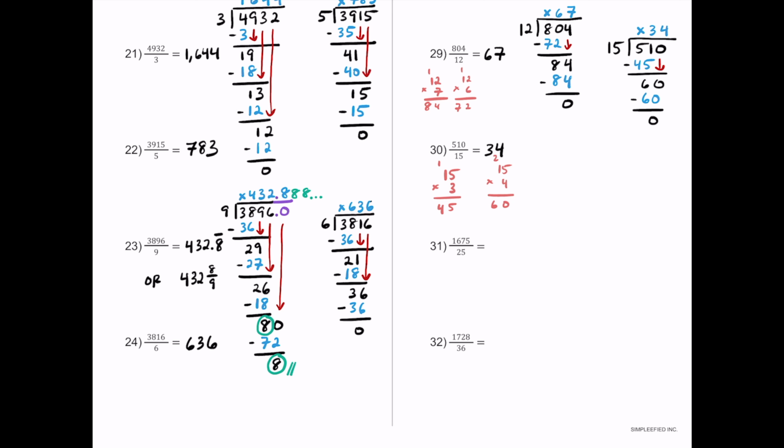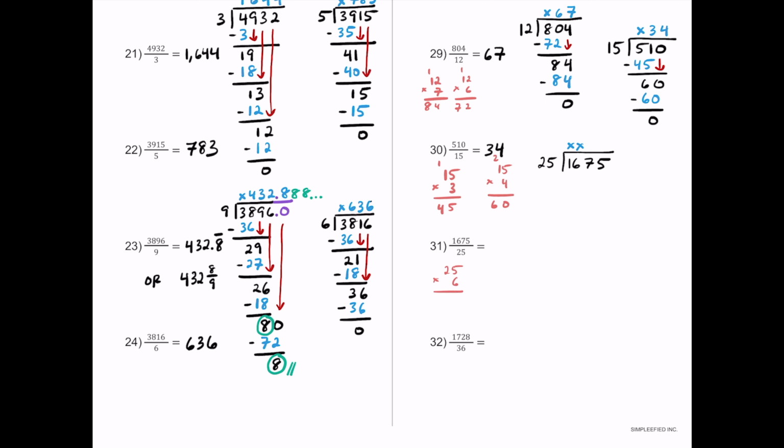For 31, we're going to divide something into 25 parts. And what are we dividing into 25 parts? It's going to be 1,675. So 25 is not going to fit into this 1, and 25 won't fit into 16 either, but 25 will fit into 167. So let's think here, 25 times, I'm going to go with 6.